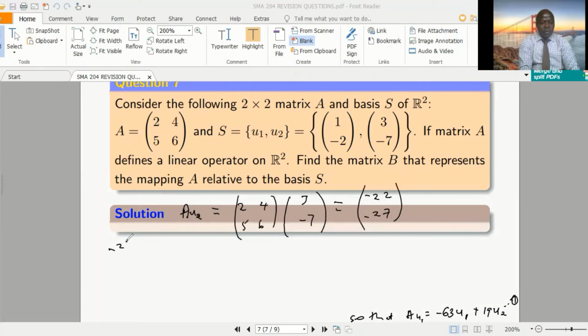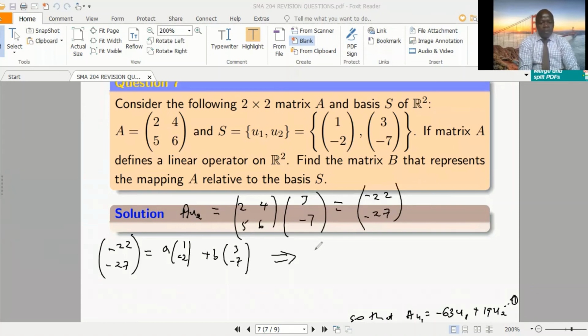Now, negative 22, negative 27 should be written as a linear combination of U1 and U2. That means determine the scalars A and B such that A times this matrix plus B times this matrix gives you A of U2.